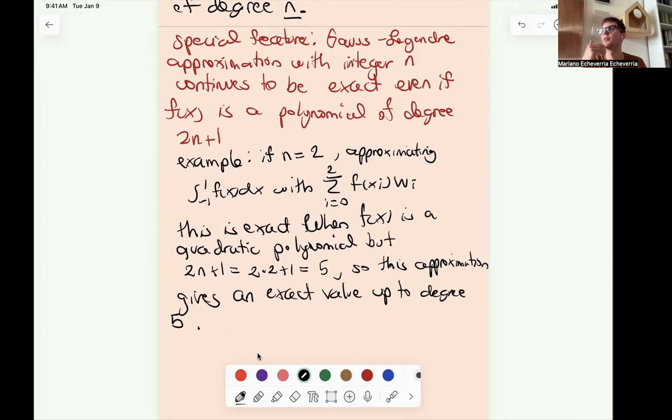What I'm trying to say is that Gauss Legendre outperforms what your expectations would have been. It performs better than expected, so it is a more accurate method for higher degrees.